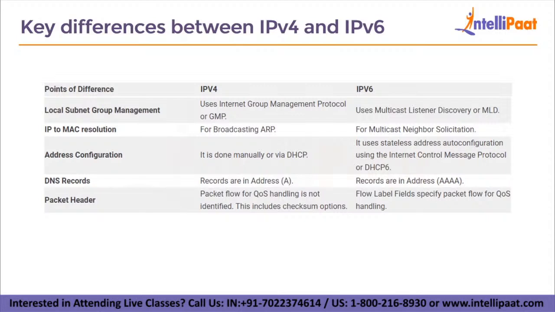And coming to address configuration, in IPv4 it is done manually or via DHCP. And in IPv6, it uses stateless address configuration using the Internet Control Message Protocol or DHCPv6. These are all protocols, and DHCPv6 is the most recent version of the protocol, and it is faster as well. So IPv6 clearly wins in this factor.